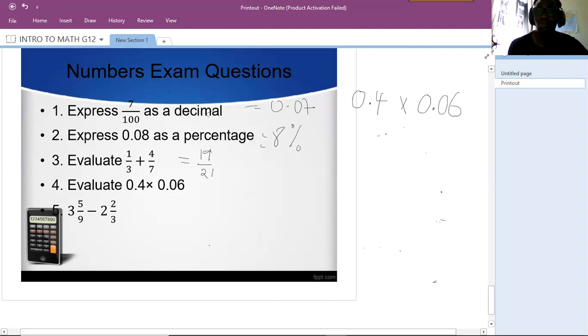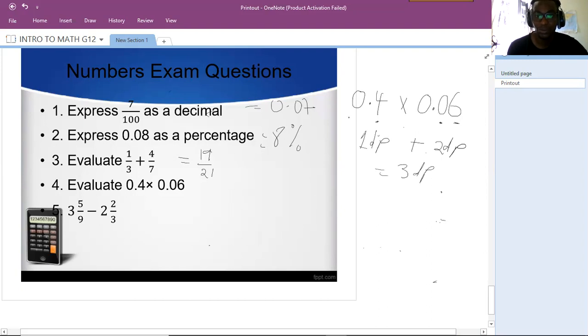you first count the number of decimal places that we have. So here we have got one decimal place, and here we have got how many decimal places? 1, 2, 2 decimal places. Therefore, in total, we have got 3 decimal places.